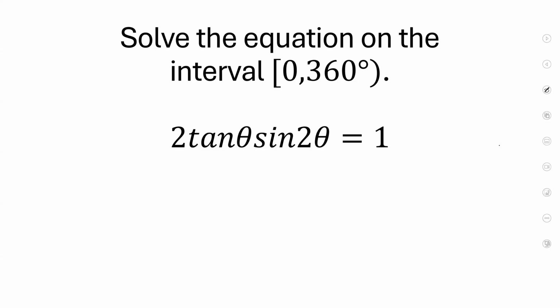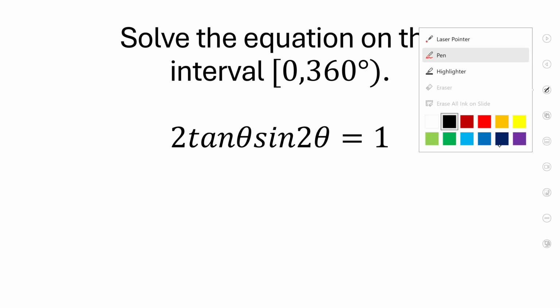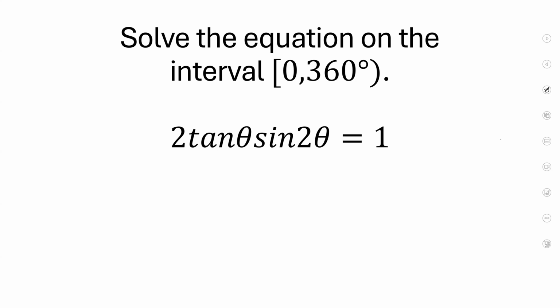Now we're going to solve equations using these identities. Remember my piece of advice, turn things into sines and cosines if you can, and also use identities. So notice, guys, tangent is just sine over cosine, and this is an identity that you know. Sine of 2 theta is just 2 sine theta cosine theta.